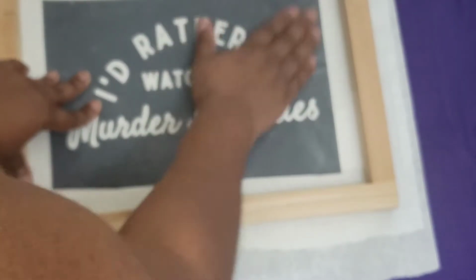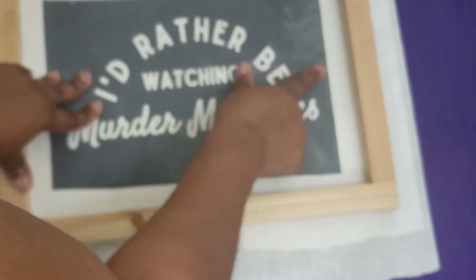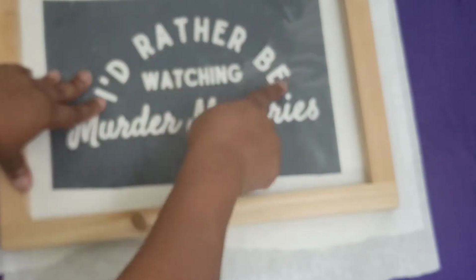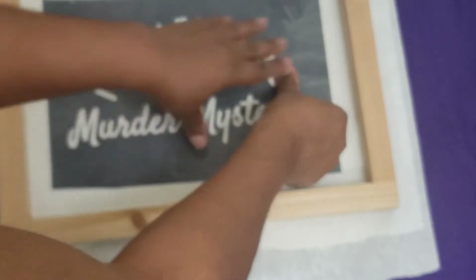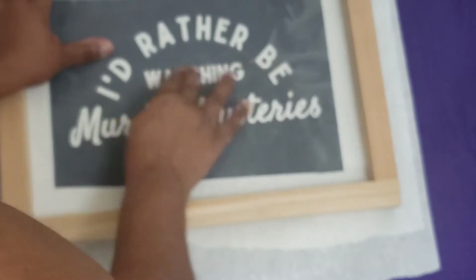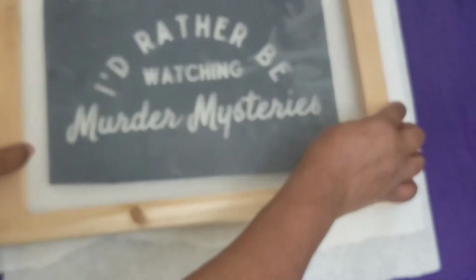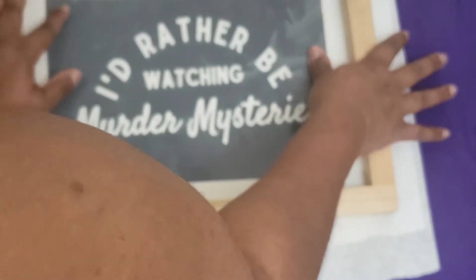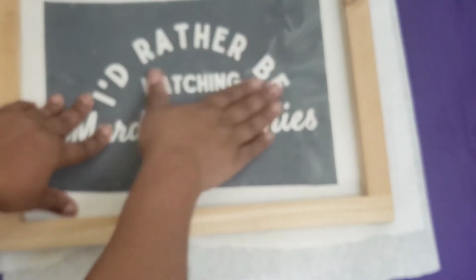I'm still not happy with the way it's laying like this. No matter what I do, this stuff will not stay down, so I'm really gonna have to press to make sure nothing goes through. And I still think that no matter what I do, it's gonna go through my screen.